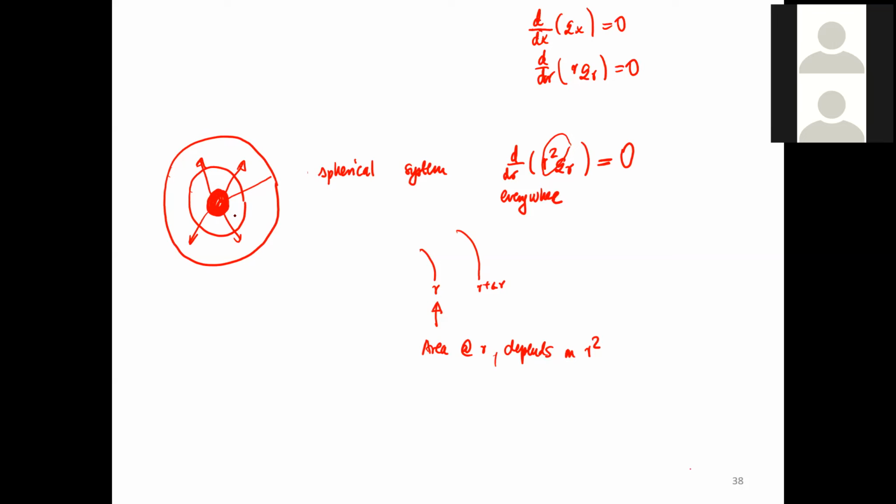As it's going, the same amount of heat is going through areas that are larger and larger. But our q is described per area, so as I go larger and larger, the flux per area gets smaller and smaller, because what's conserved is r squared times that per-area part.